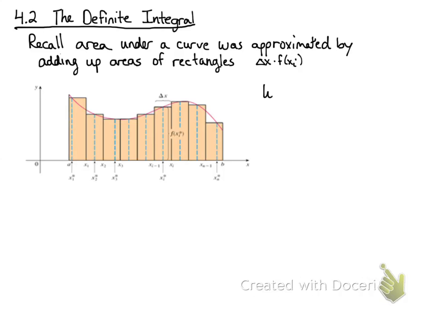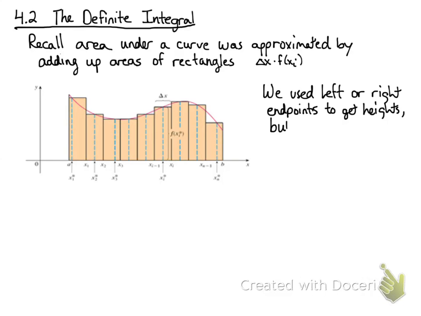We did left or right endpoints last time, but as you see in this picture, you could use any point in the x part of the rectangle, in the horizontal part of the rectangle, that subinterval, to get the height of the rectangle. So you pick any point in there and then you follow it up till it hits the function, and that's how high you draw that rectangle.